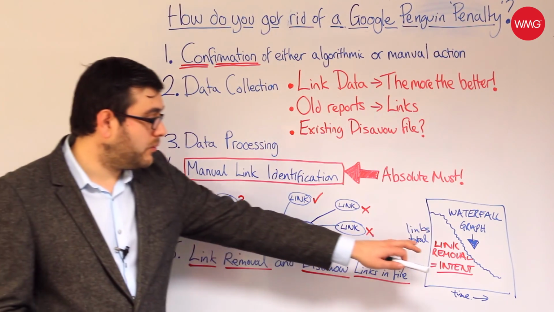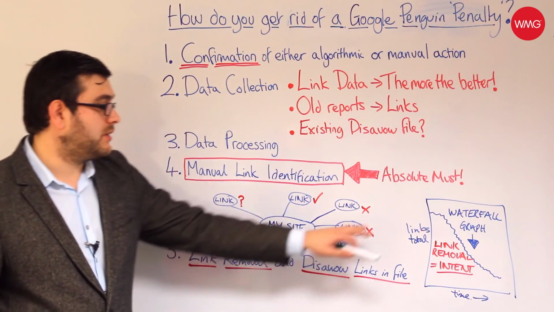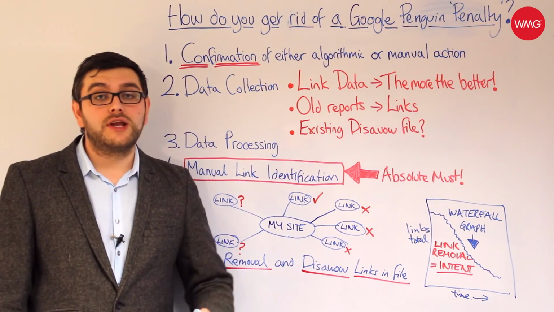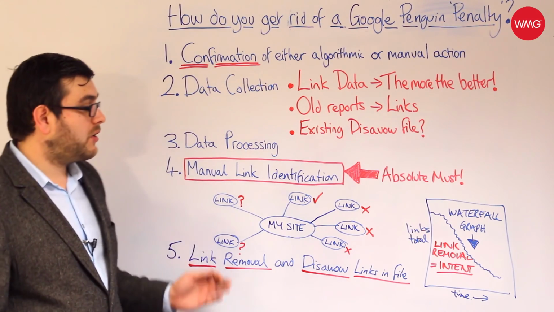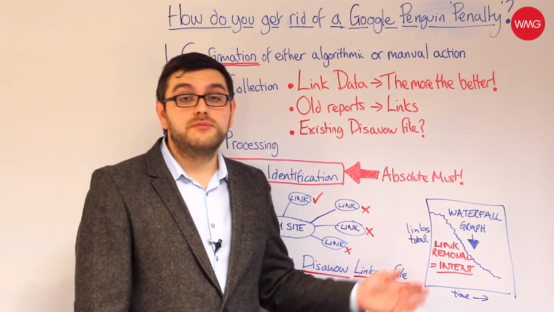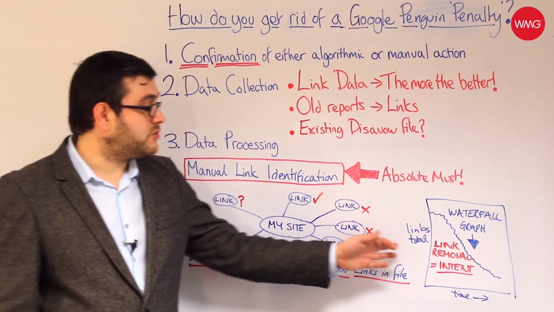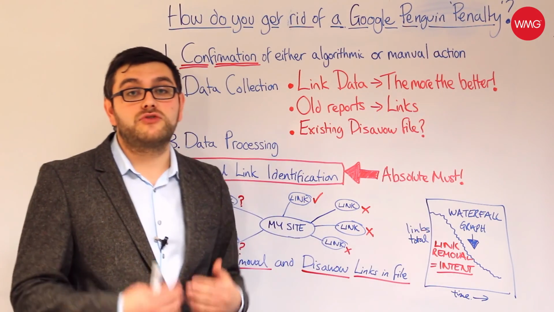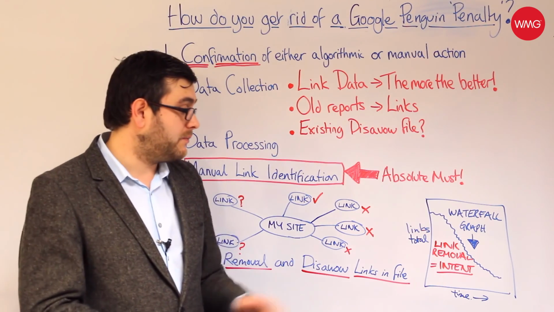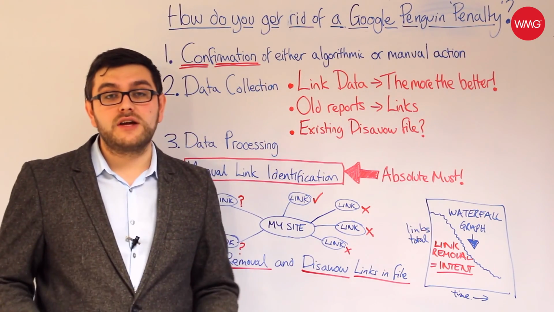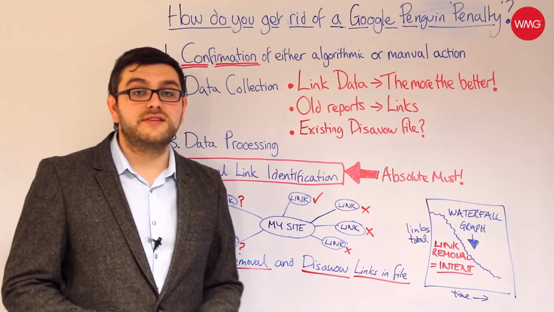So, what is the purpose of doing this? The purpose is to cleanly identify which are manipulative links and which aren't, because to successfully remove a manual action, we need to show good intent with Google that we have tried to clean up the link profile for this particular website. There's a lot of debate out there on the internet saying you only have to disavow.